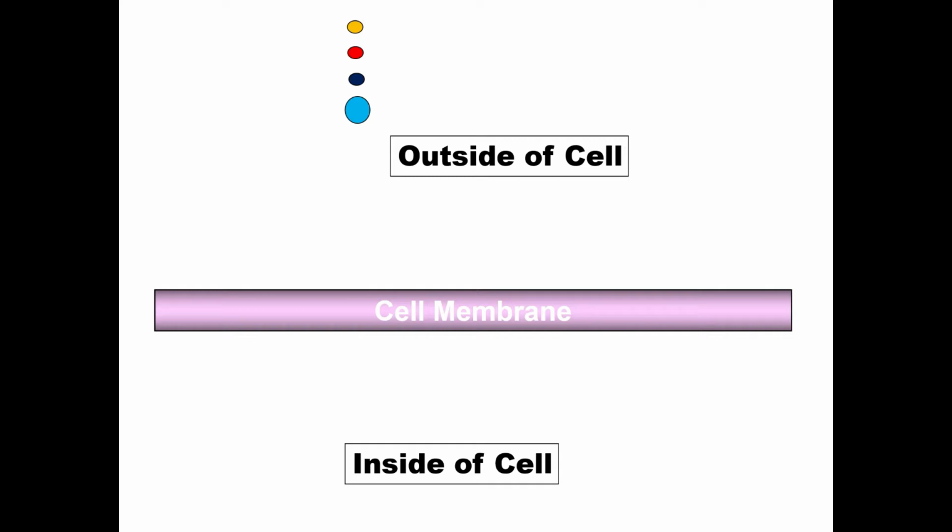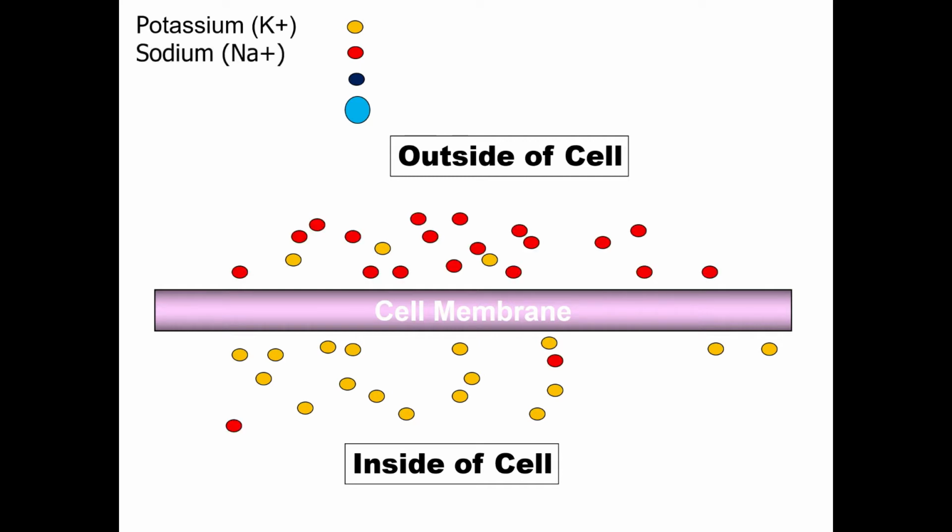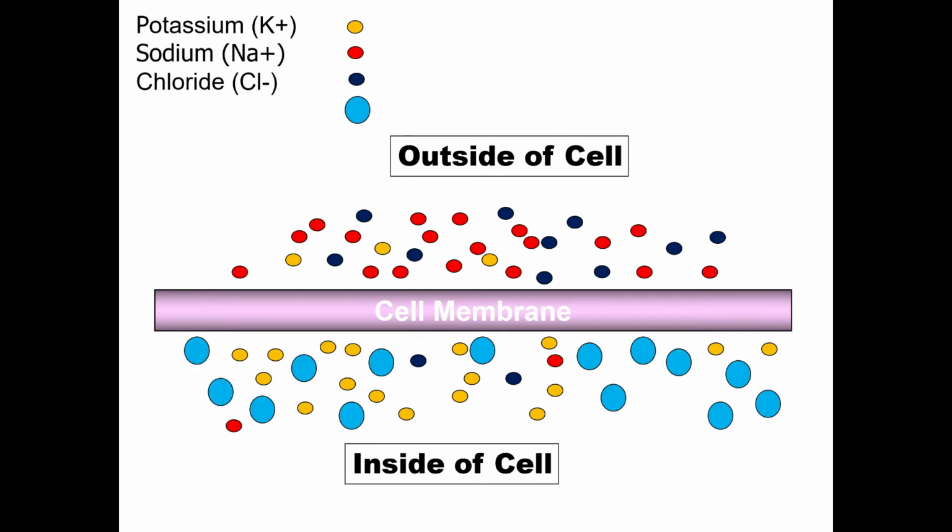And then there are several ions and molecules that come into play. First, there's a potassium ion, which is positively charged, and then there is a sodium ion, which is also positive. And then there are chloride ions, which are negatively charged. And last, there are protein molecules, which are negatively charged.